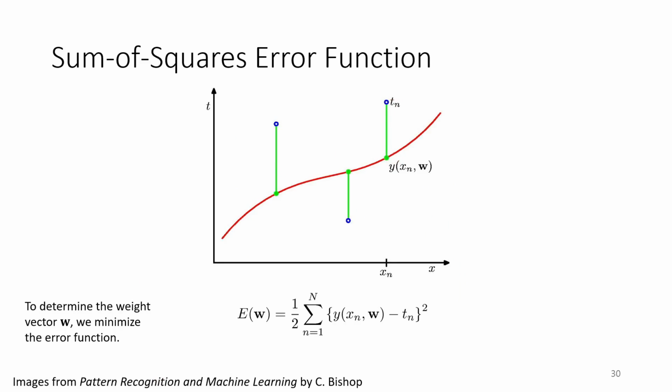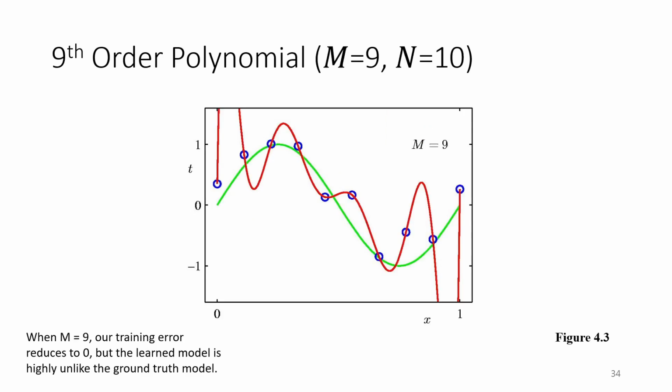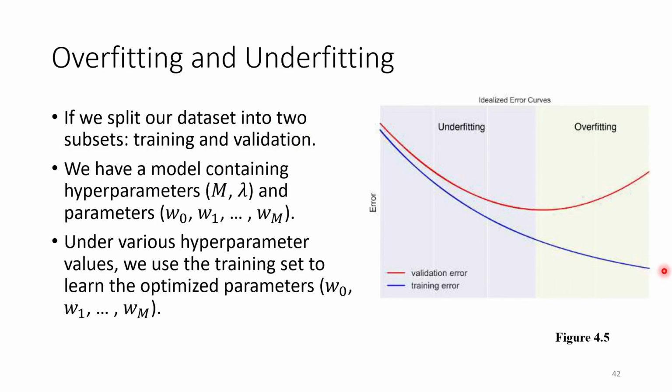In this case, because the red curve goes across all of those points, the error term for the first point is 0, for the second point is also 0, and for every point, all of them are 0. So the sum of those squared zero terms is still 0. In this case, we can generate a very, very small training error.